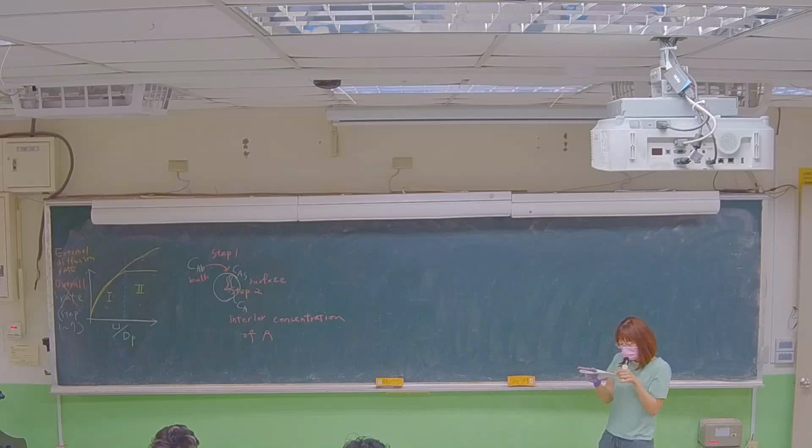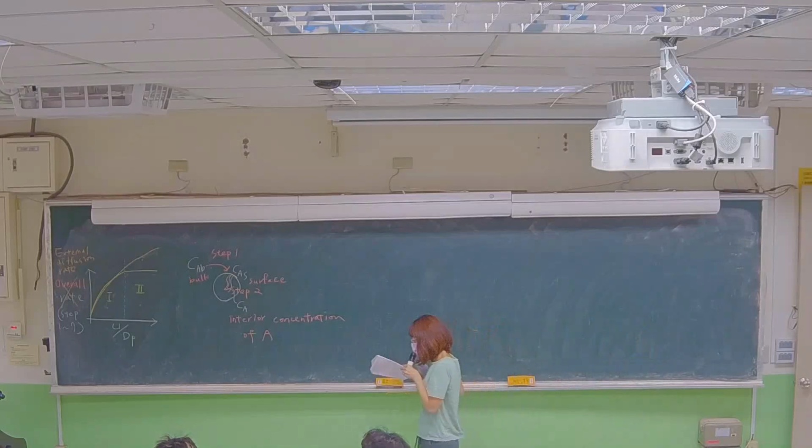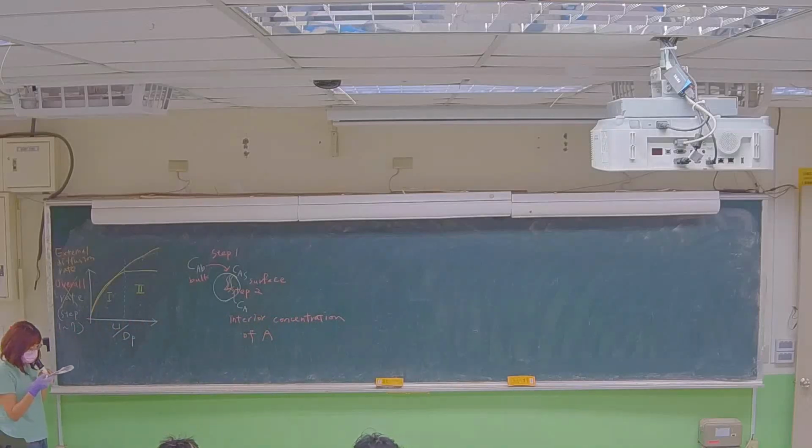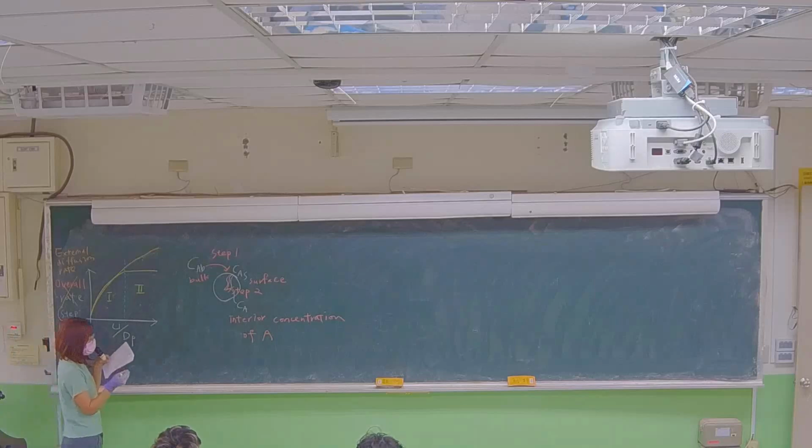Okay, let's find some important terms at slide 28. Okay, we are now at slide 28. Consider the internal diffusion is the slowest step. So now at step 2, if this one is the slowest one, the first point, reactant A diffuses from the surface into the pellet interior.